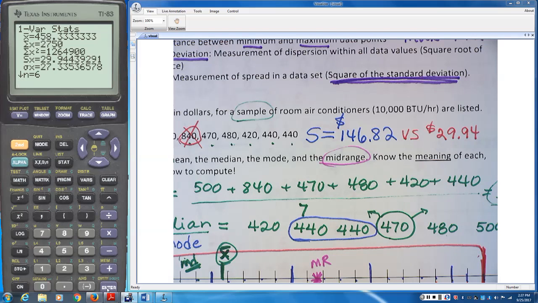Not $146 and change. Okay? That's what standard deviation measures. It measures the spread of all the data. But when some of the data values are really large compared to the others, or if they were really small compared to the others, then the standard deviation is going to be a lot bigger with the outlier included.